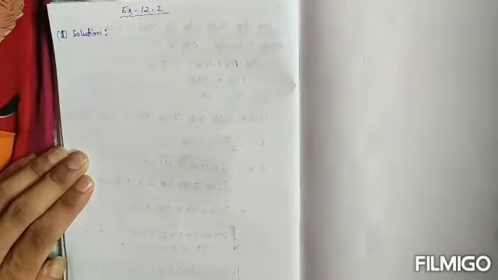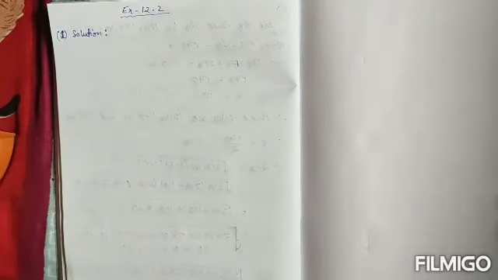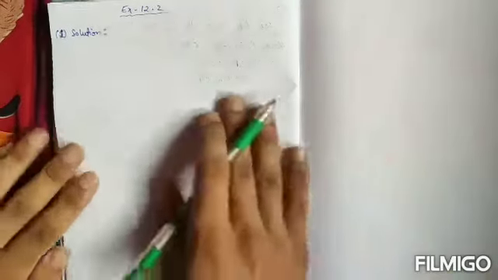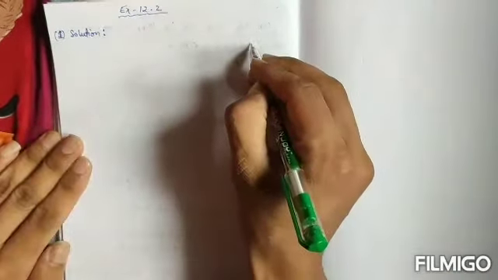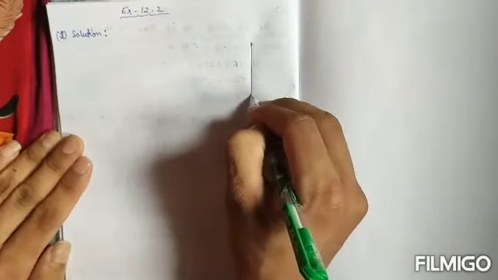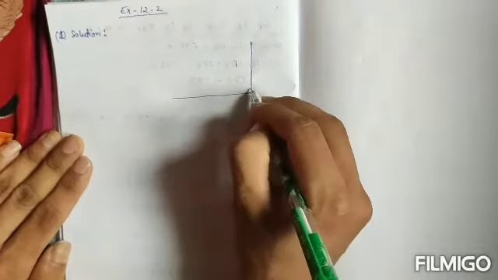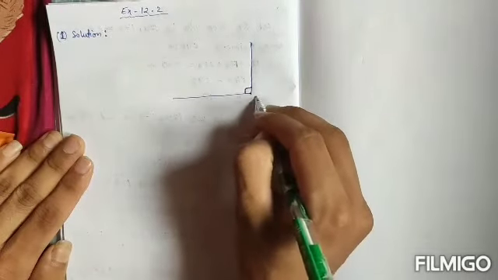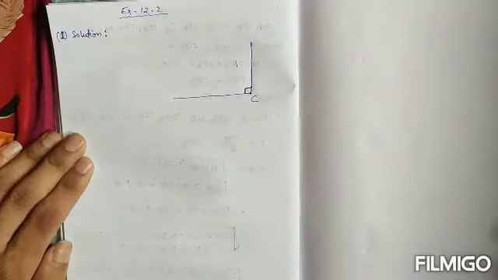The quadrilateral has been given a name ABCD, and it has angle C equal to 90 degrees. So angle C means here it is C. And AB is 9 centimeter.